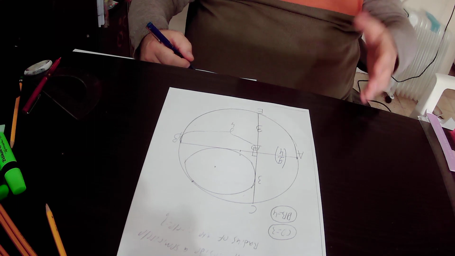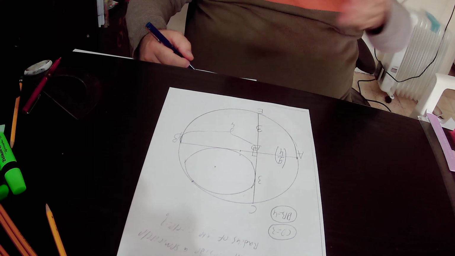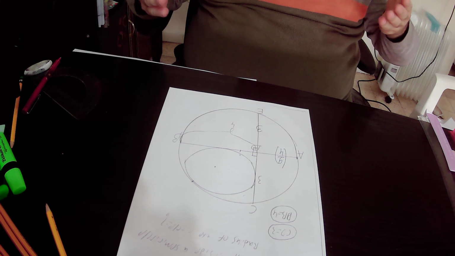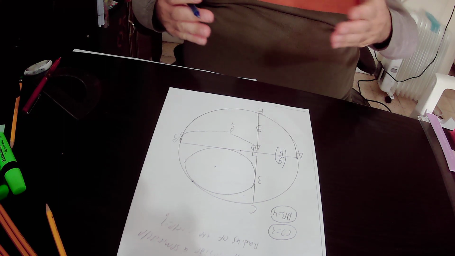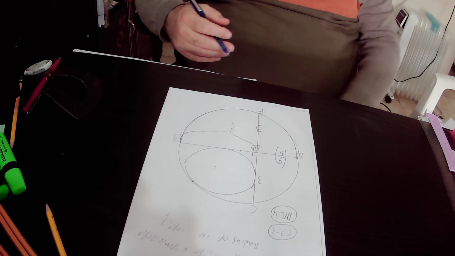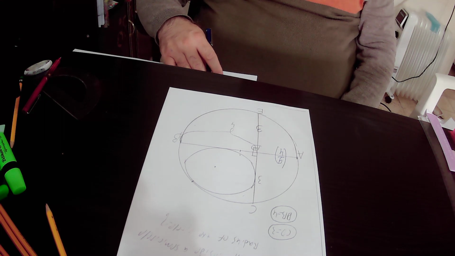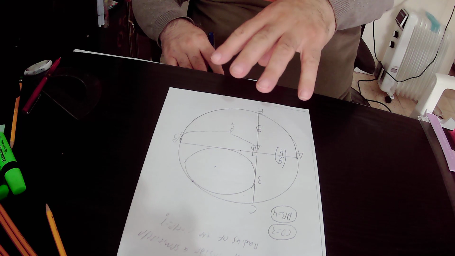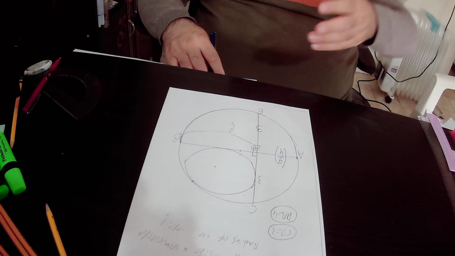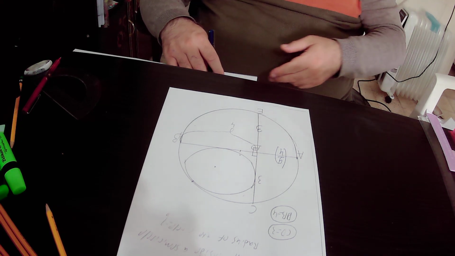AB is the diameter of the circle and also the diameter of both semicircles, of course. The diameter is twice as long as the radius, so we divide the diameter AB by 2 in order to get the radius of the big circle, which is also the radius of the semicircles.